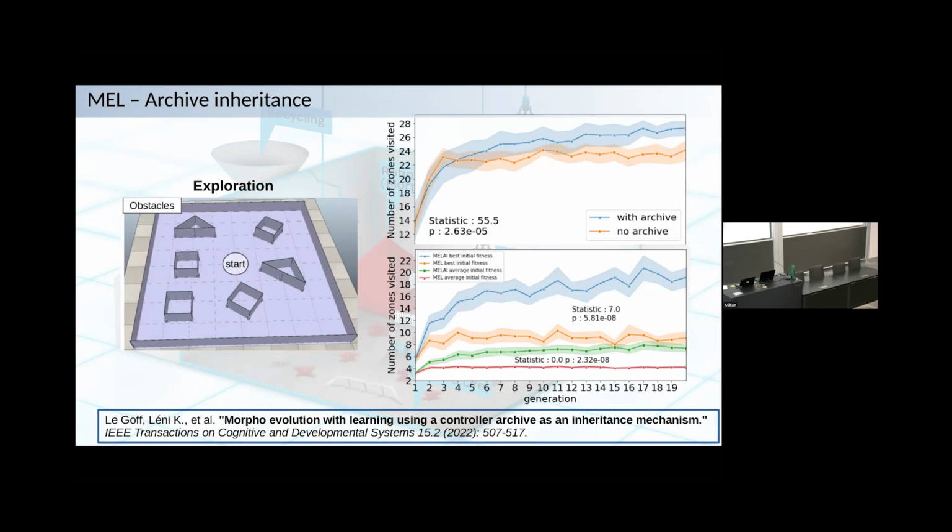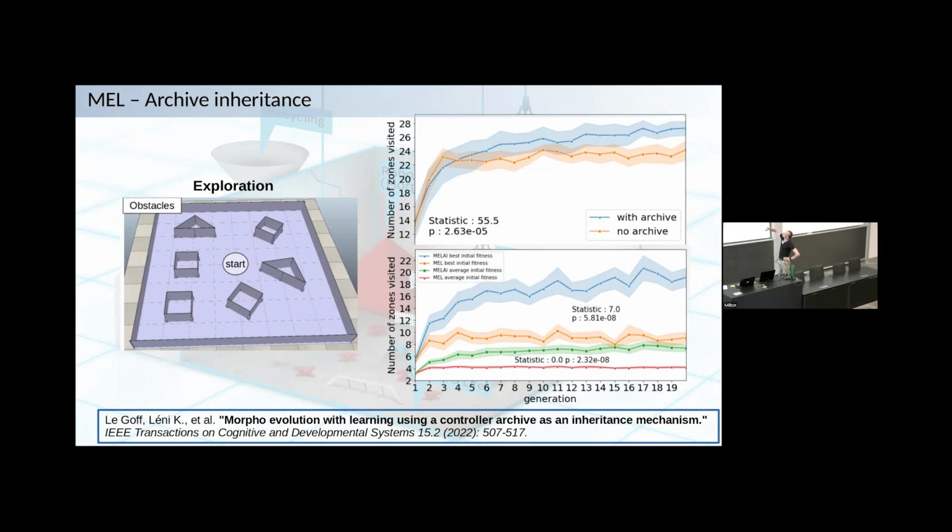We compare, in the top graph, the best fitness obtained in the population over the generations, in orange without the archive inheritance and in blue with the archive inheritance. We can see that we obtain better performance with the archive inheritance. And it works because starting from controllers from the archive inheritance increases the initial fitness, the initial performance you have when starting the learning.